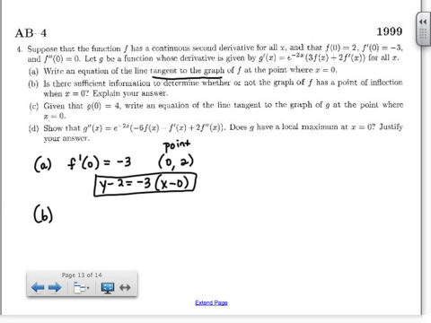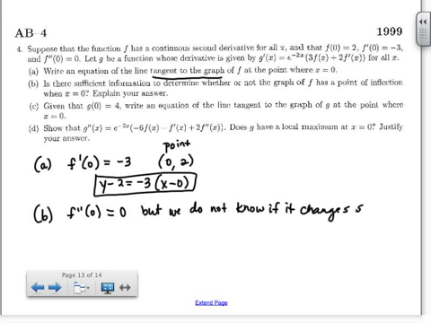When I look at f double prime, I know that f double prime of 0 equals 0. But we don't know if it changes sign. So that means we cannot determine if there's a point of inflection.